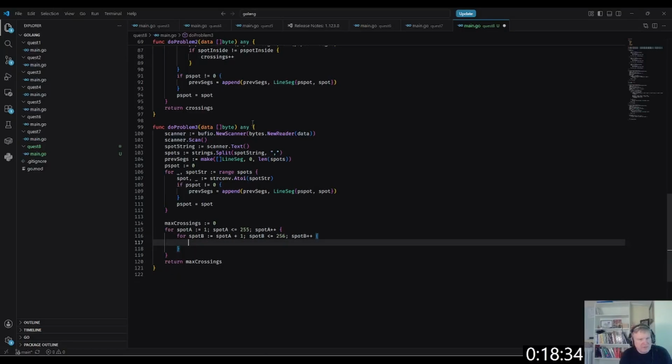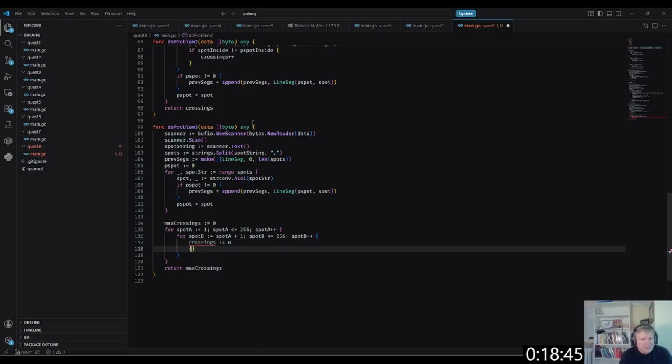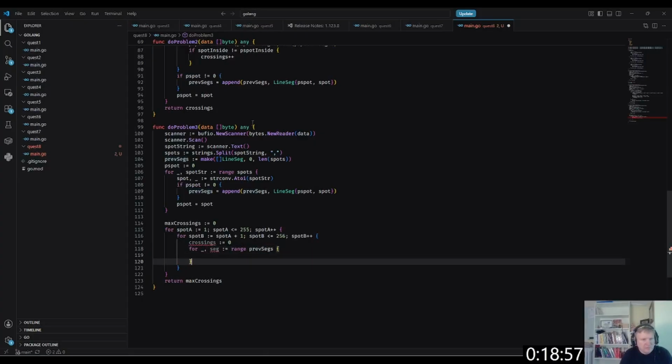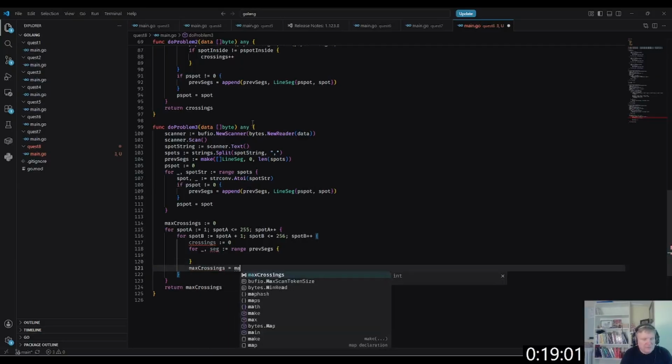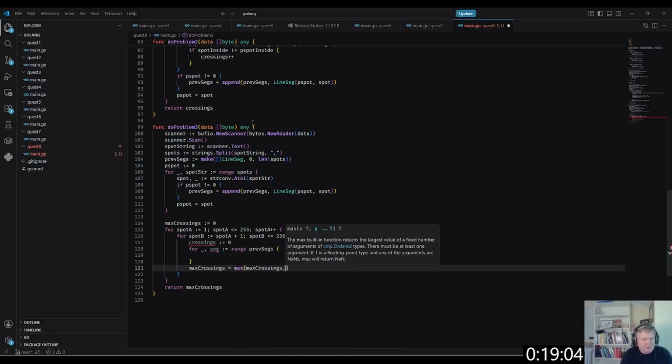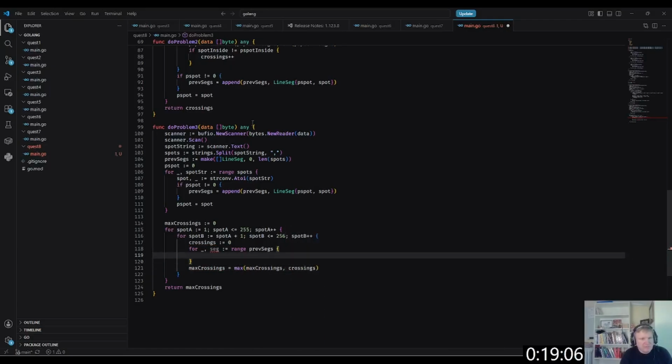And now I'm going to say crossings := 0, do some computation, max crossings = max(max crossings, crossings).